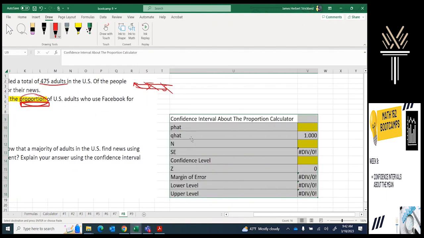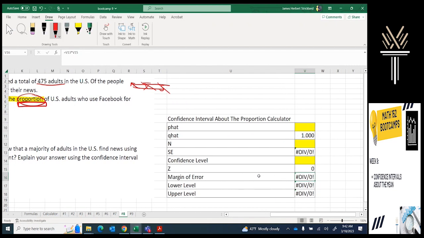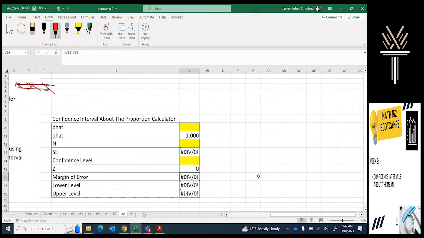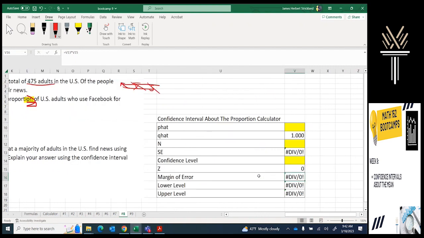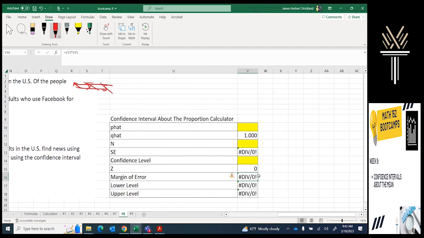Notice all my formulas from last week are still here. I don't need to remake this over and over again. I just need to go back and access it. So those who came last week, you already have this calculator handy. You just need to go grab it, paste it in, and plug in what you know. For those who weren't here last week, send me a message and I will send you a copy of the recording so you know how to build this yourself.